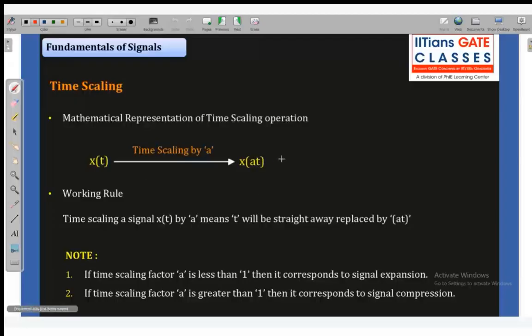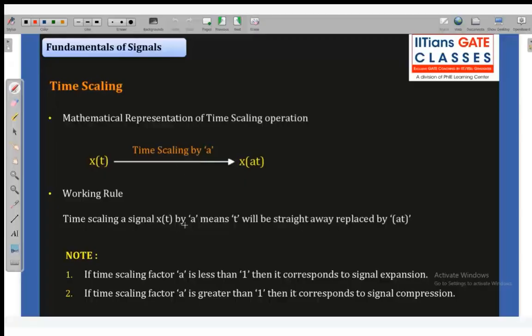To draw the time scaled signal, just divide the whole time axis by the coefficient of t. Like in the delay I told you to add, in advance I told you to subtract that factor in the whole time axis. Similarly, to scale it, just divide the whole time axis by factor a.